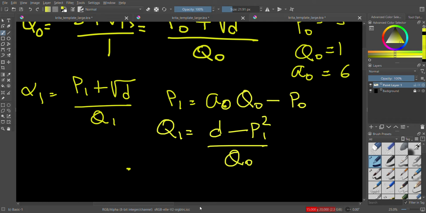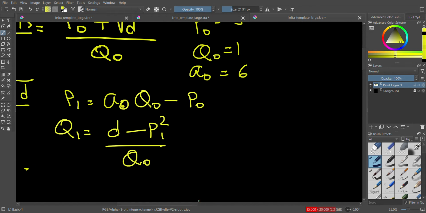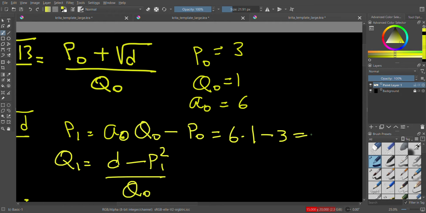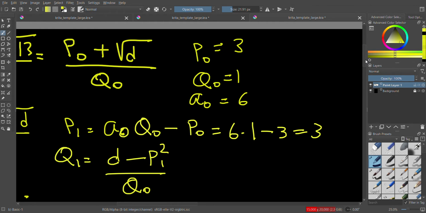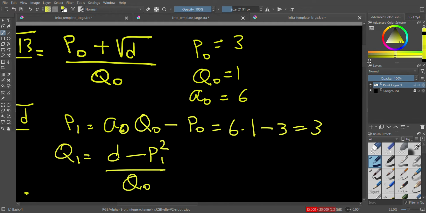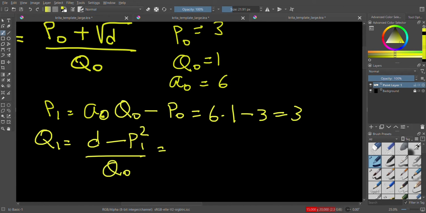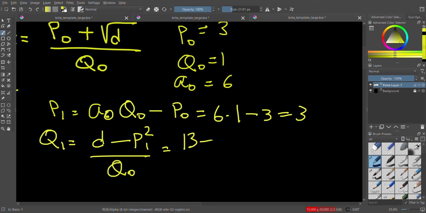Okay, and this is going to give us the same numbers as we got before. So this is 6 times 1 minus our p0 was 3. So this is 3. So p1 is 3. And then q1, our d is 13. So this is 13 minus 9. q0 was 1. So this is equal to 4.